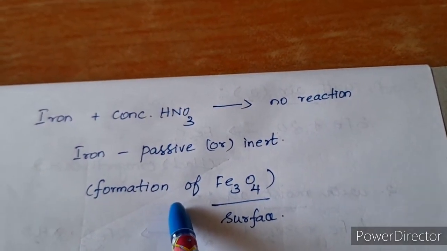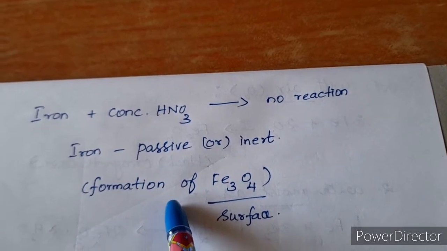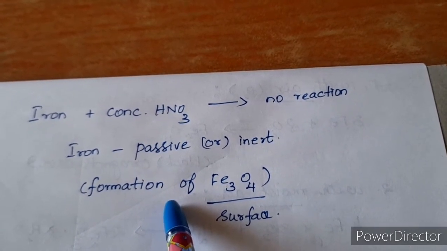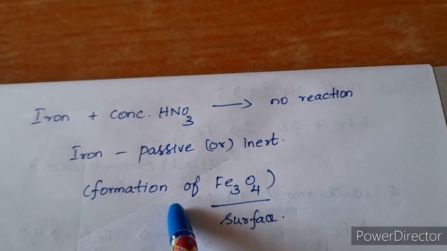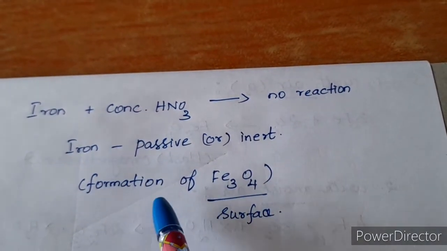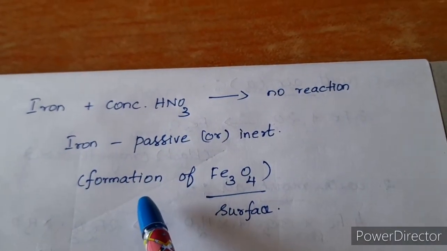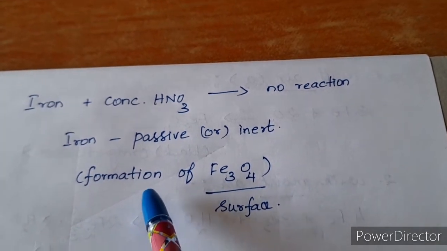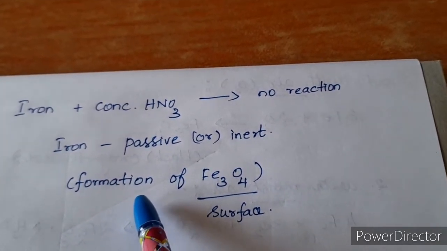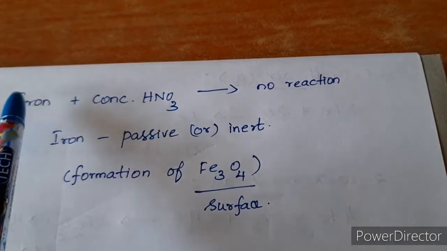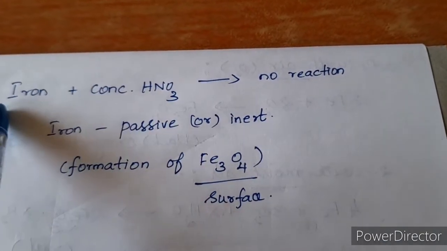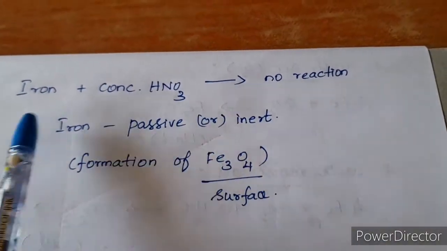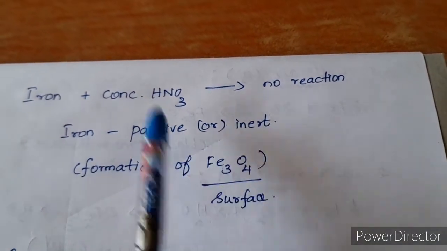This seems very simple, children, but it is very, very important. You may have a question like this: name the acid that renders iron passive, or copper passive, or aluminium passive. The answer for all these questions is the same, whether it is copper, aluminium, or iron.